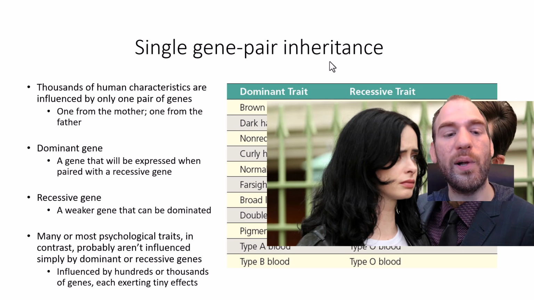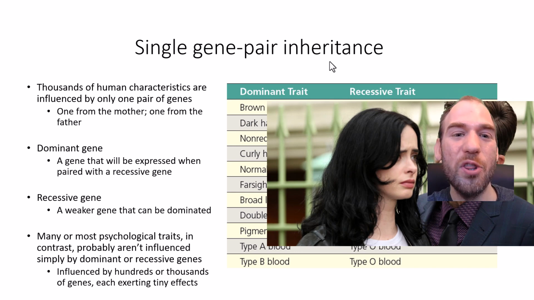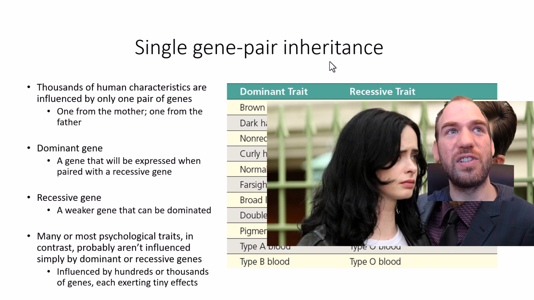However, complex behavior, psychological traits, even many health outcomes, as stated, are far more complicated than this. I'll spoil it now: there's no such thing as the alcoholism gene. It does not exist. Rather, to the extent that genes are impacting any particular developmental outcome, it's typically hundreds or thousands of genes working in very complex ways that, frankly, we don't understand.